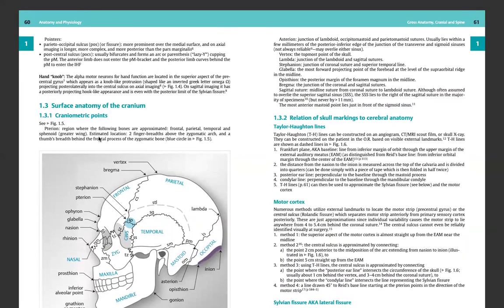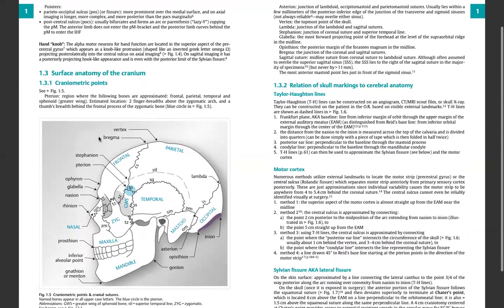So we have some important junctions. Most everyone knows, of course, the pterion, which is a union of four bones: the frontal bone, parietal, temporal, and the sphenoid bone. That's the pterion.